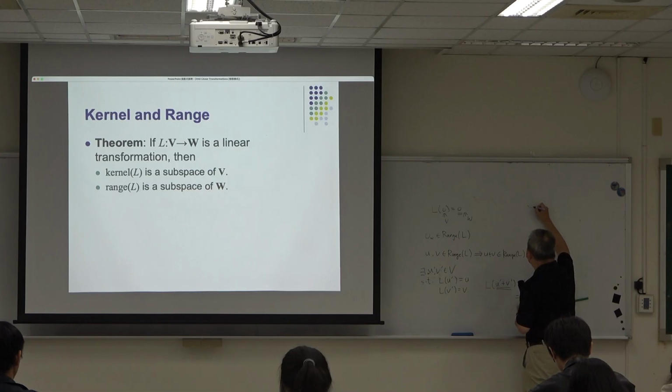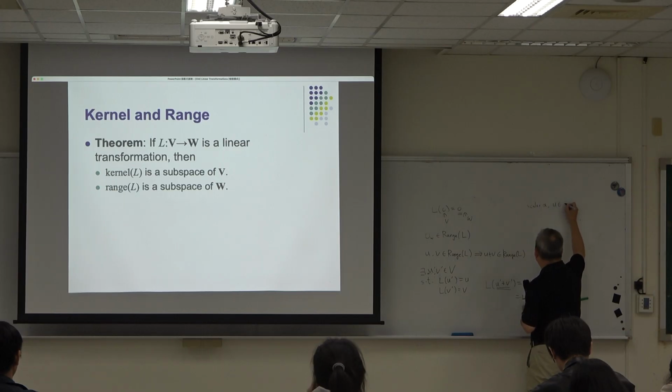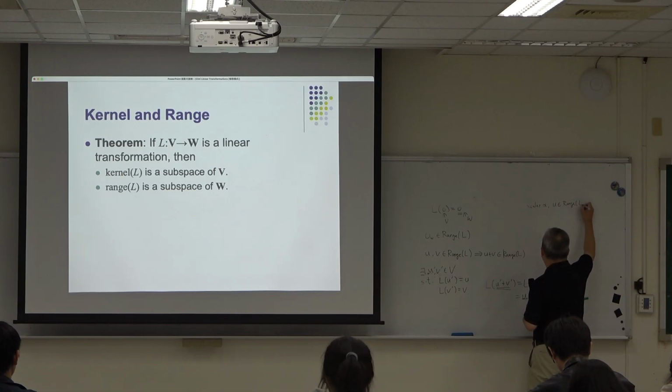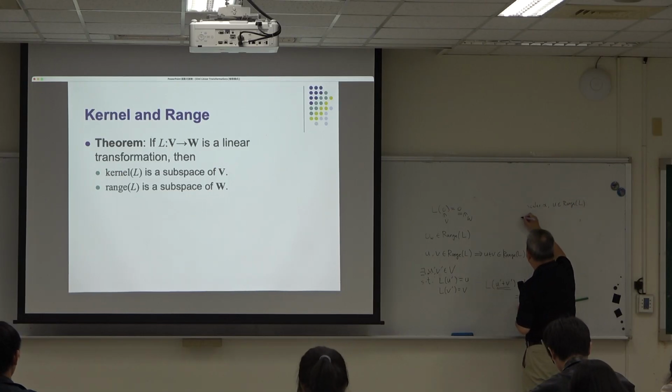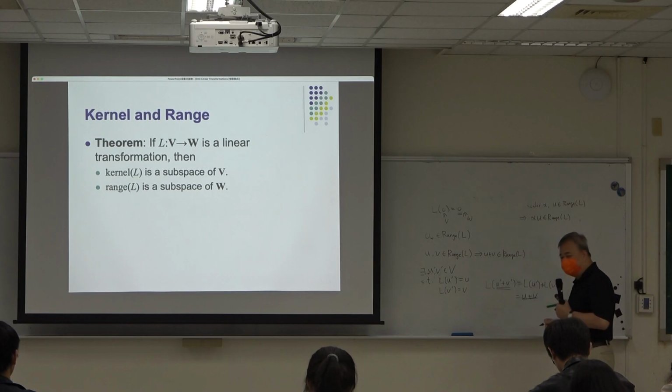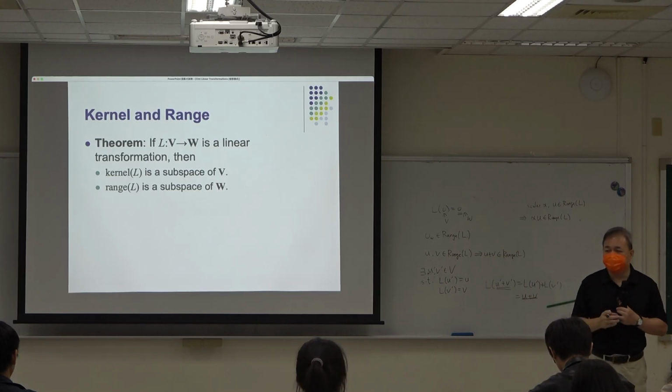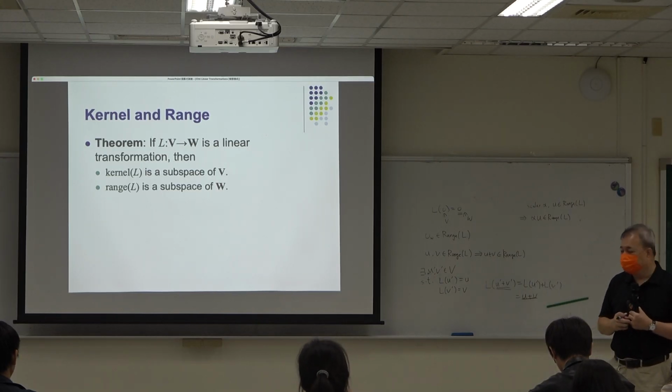Next, scalar multiplication on the range: we show alpha U is in the range.